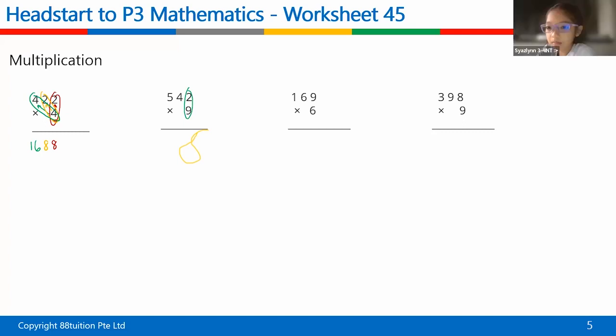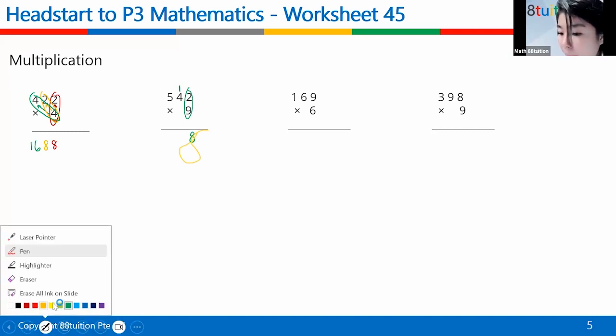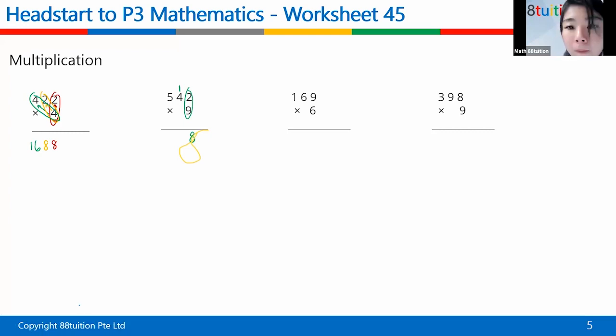We'll explain it. Sheslin, what do I get? 18. Good. You put the 8 below the number 9, and then put the 1 on top of the 4. Very good. Okay, that's how you do it. And then what is the next multiplication that I do? 9 times 4.